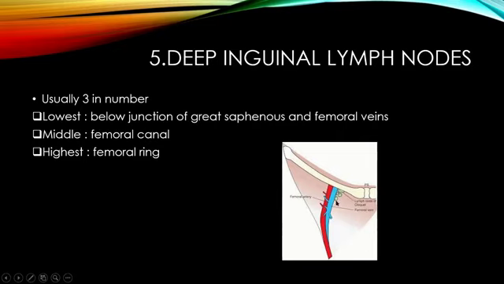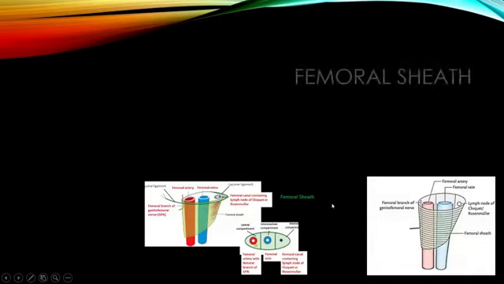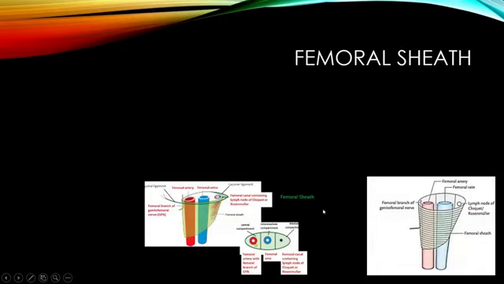That is the green structure present over here where the cursor is pointing. The middle lymph node is present in the femoral canal. It is called the lymph node of Cloquet, and the highest lymph node is present in the femoral ring above the femoral triangle.